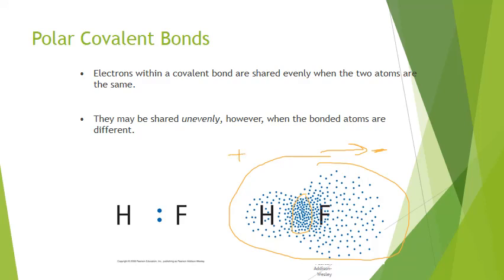It's an uneven sharing of a shared pair of electrons that we call a polar covalent bond. Because it's covalent, it's a shared pair of electrons, but it tends to make one end of the molecule negative and makes the other end of the molecule positive.